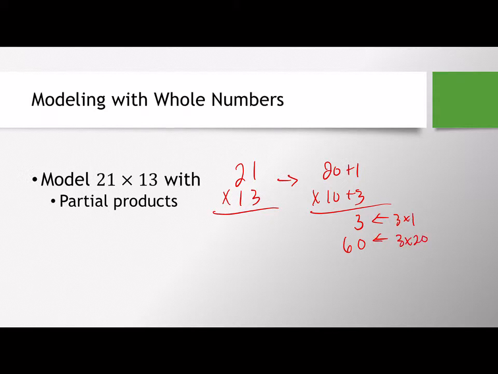10 times 1 is 10. And then 10 times 20 is 200. And then we also have our 273.